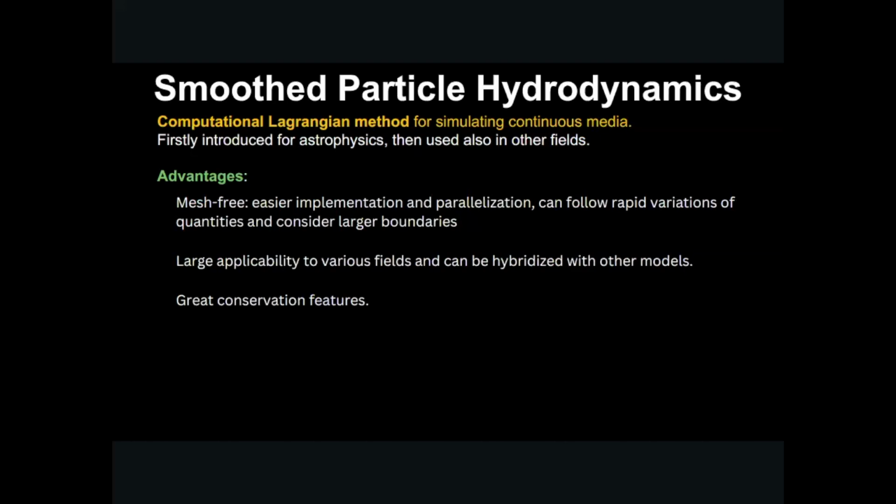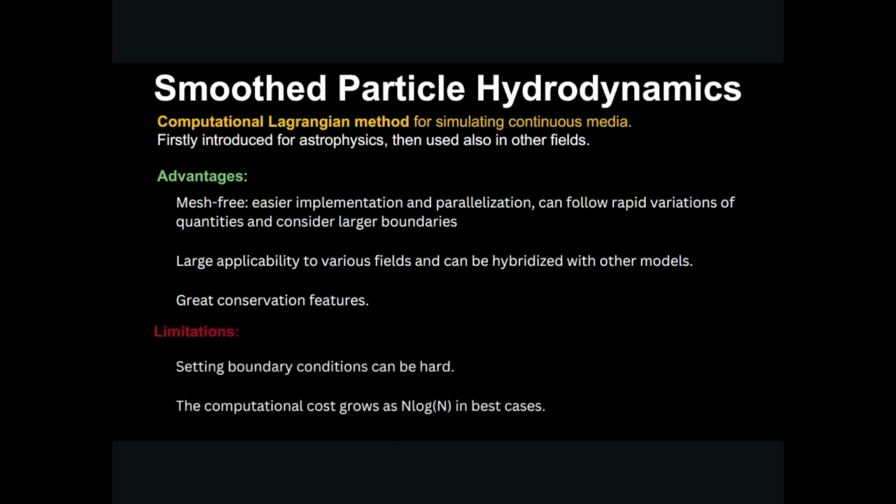It has a large applicability. We are going to see this in the next few slides. Among the limitations, because every method has its limitations, one is that setting boundary conditions can be really hard. We managed to do this in some way, and we are going to see the details in the very next slide.